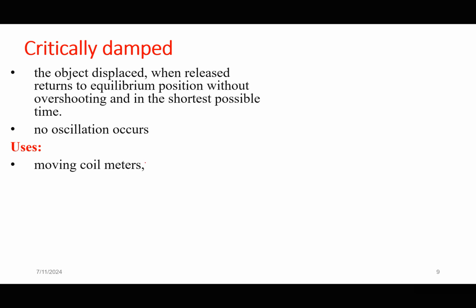So moving coil meters such as analog voltmeters, ammeters and galvanometers use critical damping. They are made up of an electromagnet, which becomes a magnet immediately when a current flows through it, and loses its magnetism immediately when the current stops flowing. So it is critically damped.